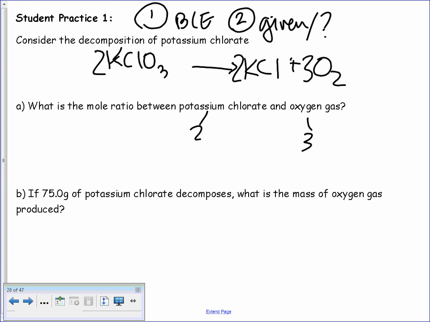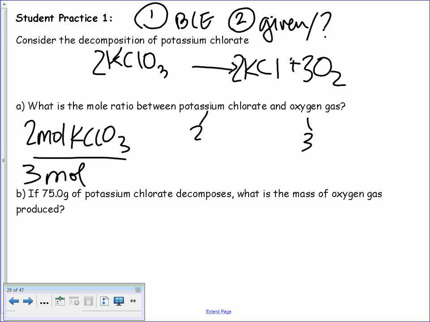Where are you getting those random numbers from, people? Coefficients. It's not magic. It's reading the problem. So this would be like 2 moles of KClO3 for every 3 moles of O2. Okay, this is the ratio. This could easily be flipped if we needed to, depending on what our setup is like. All right, so that's kind of like a pre-question. Let's go to the real question.